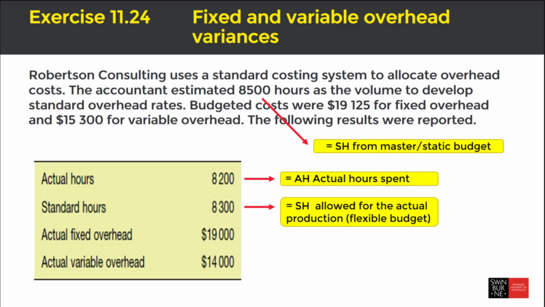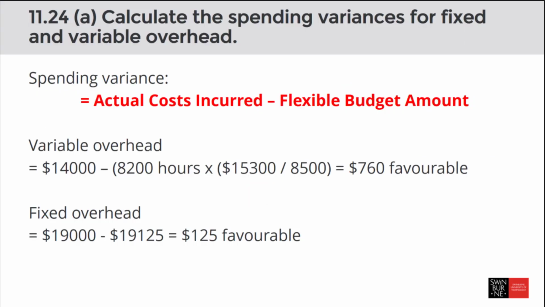The first requirement is for you to calculate spending variances for fixed and variable overhead. To calculate spending variance, you need to compare the actual cost incurred and the flexible budget amount. For variable overhead, actual cost 14,800. Based on the flexible budget, 8,300 times 15,300 divided by 8,500. Why 15,300 divided by 8,500?